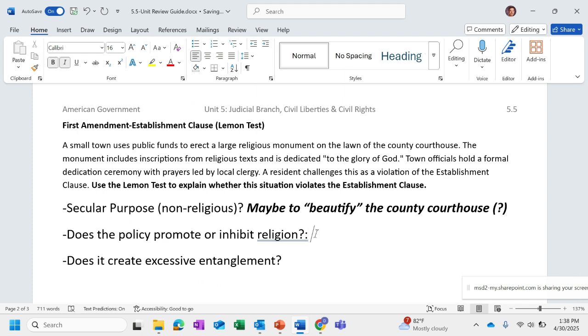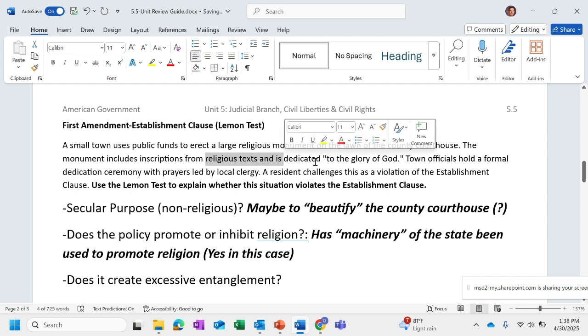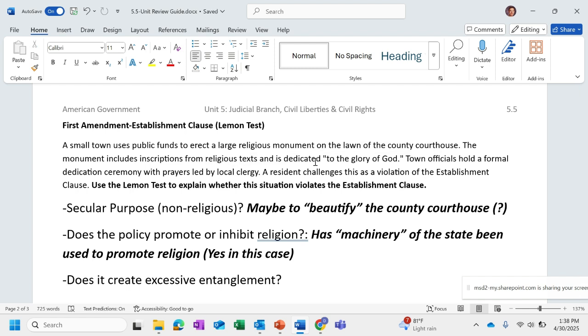So the coercion test asks, have the resources of the state, the machinery, as they call it, of the state or the government, been used to promote religion? I would argue yes. In this case, it kind of has. They're erecting a religious monument. It's got religious texts. It's not like a historical thing, and it doesn't have a lot of diversity representing a lot of different religions.